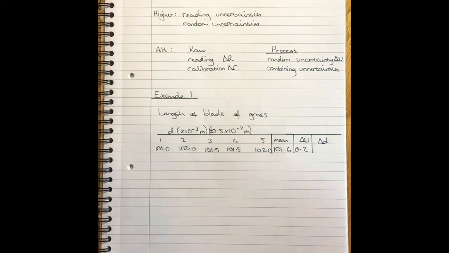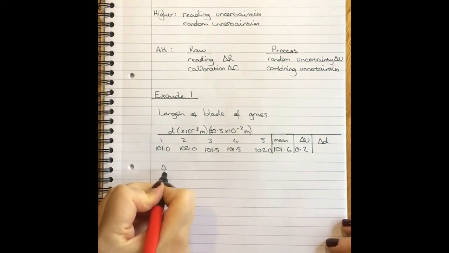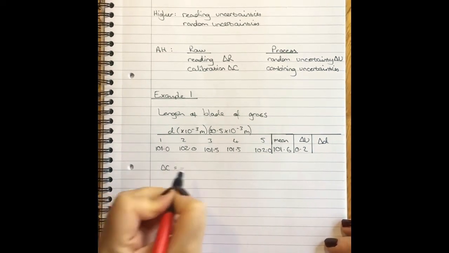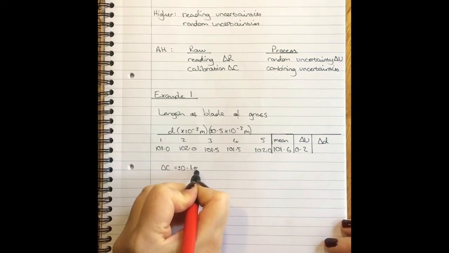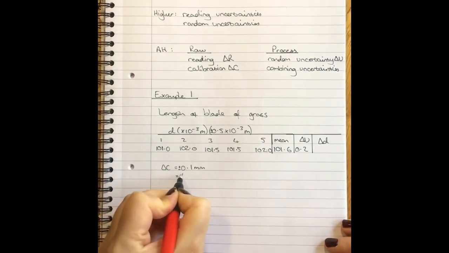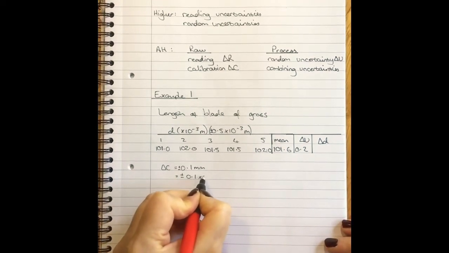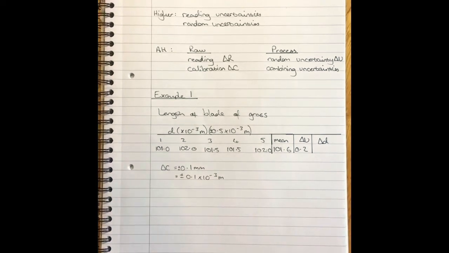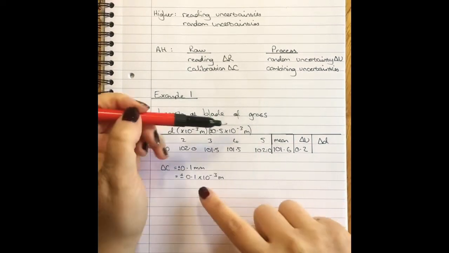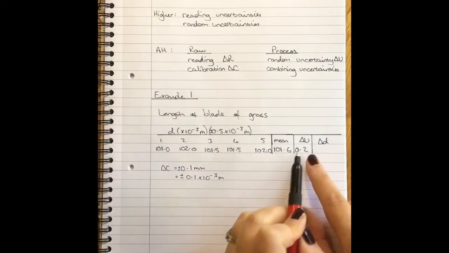The calibration uncertainty for the ruler, delta C, is 0.1 millimeters, so that is plus or minus 0.1 times 10 to the minus 3 meters.